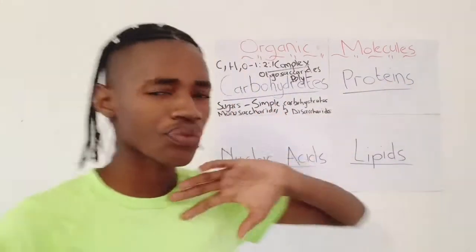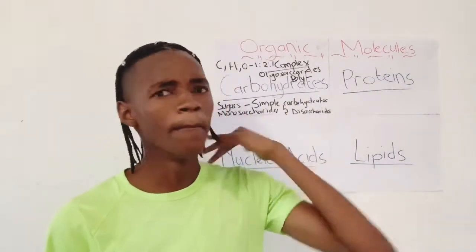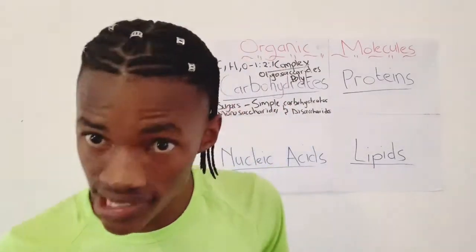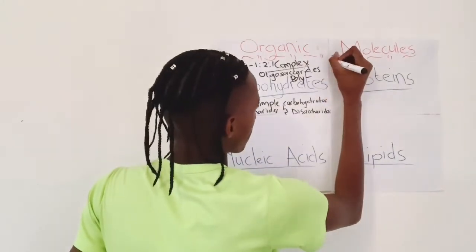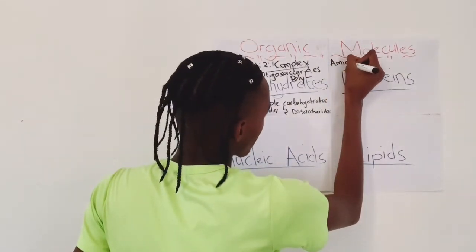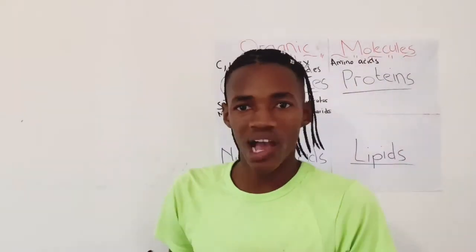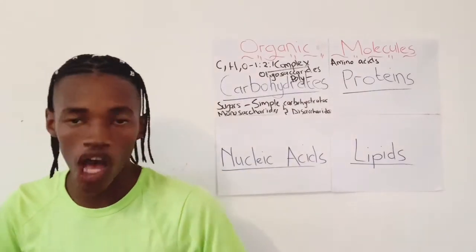Now proteins are made up of monomers called amino acids, right? So amino acids are monomers that come together to make proteins, okay?